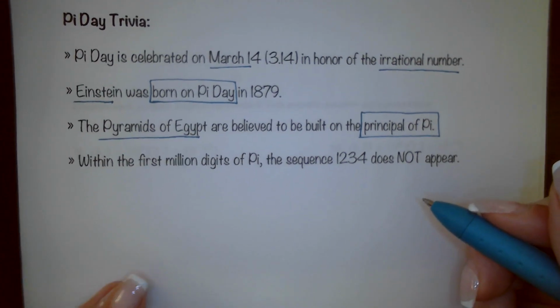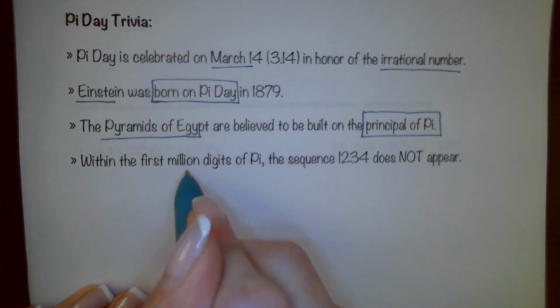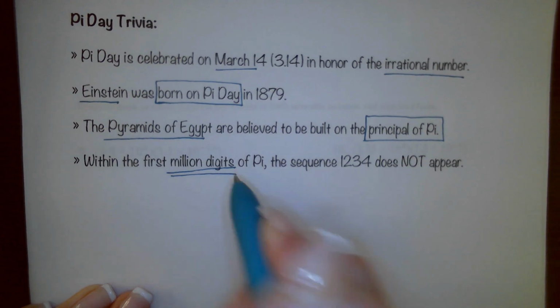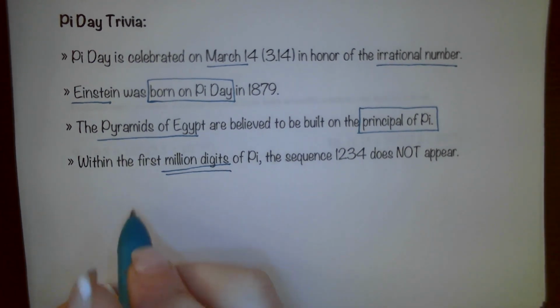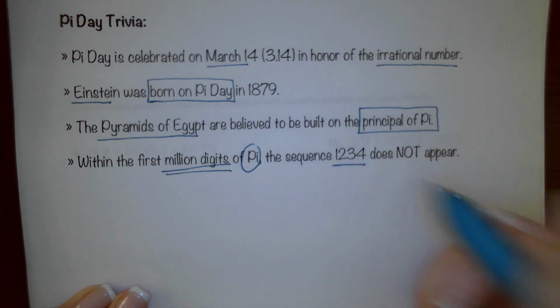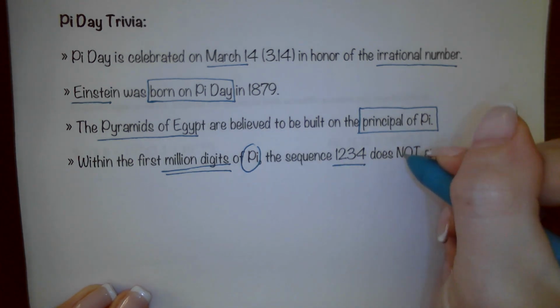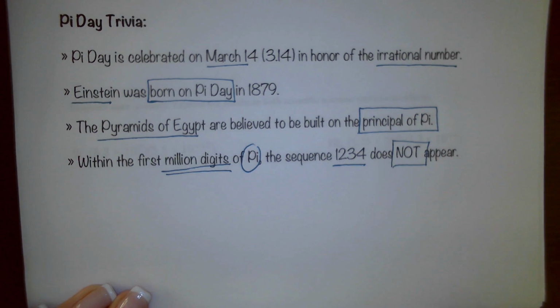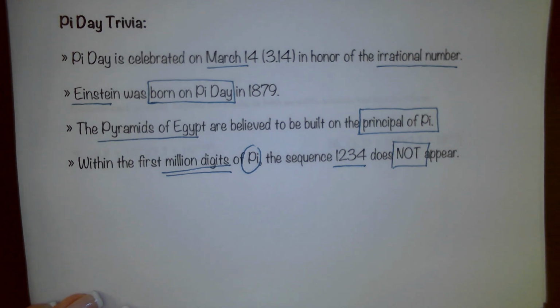And lastly, within the first million digits, so that's a lot of digits, a lot of numbers, the sequence 1, 2, 3, 4 does not appear. So in all of those digits, the numbers 1, 2, 3, and 4 do not appear in that order at all, which is surprising.